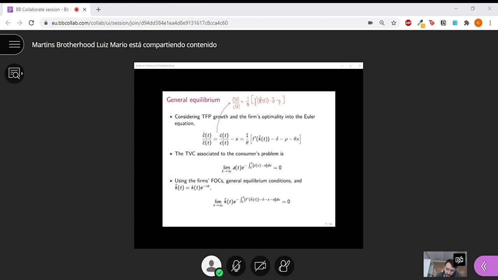And here I am writing, we want to know the behavior of per capita effective consumption, so it's C hat dot. The order of the operations kind of matters. C hat dot is different from C dot hat. We want to know how C hat changes over time, so it's the derivative of C hat with respect to time divided by C hat. Let me add a page here.